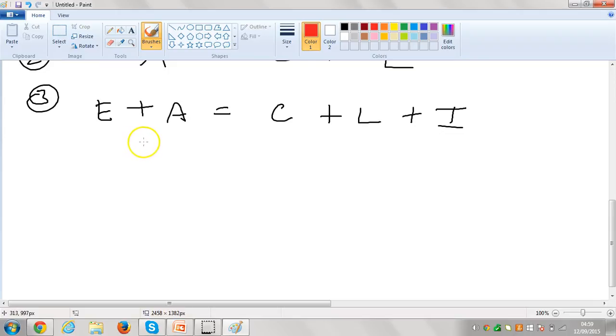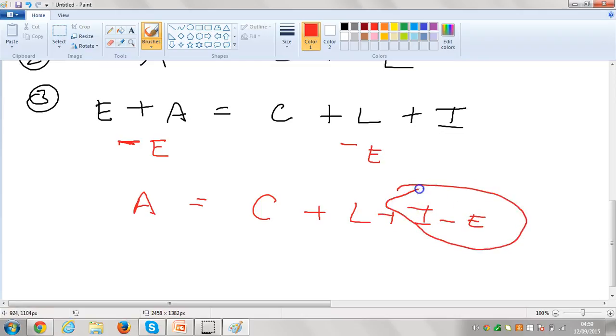Well, you subtract E from both sides. If I subtract E from here, this becomes A. And of course I have to subtract E from this side as well. So that becomes C plus L plus I minus E. I minus E is equal to P, or profits.